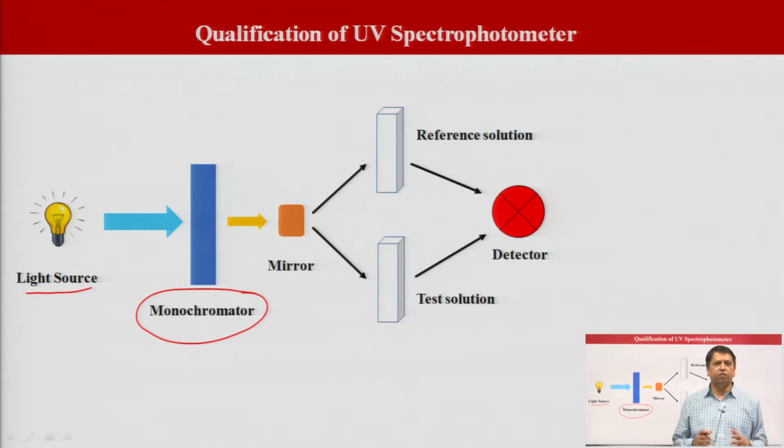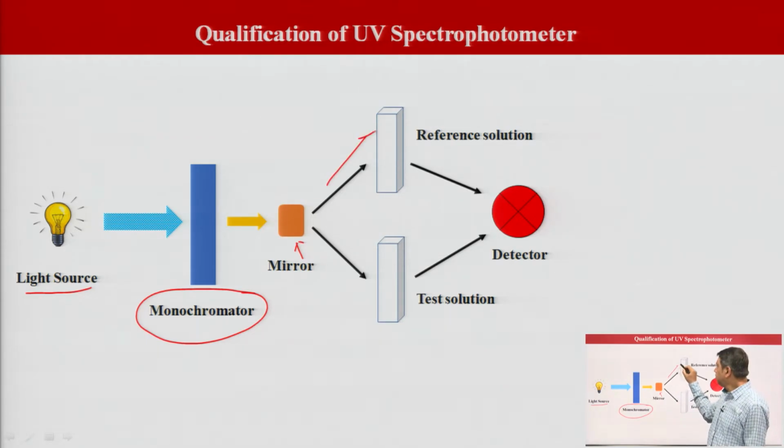A monochromator is a device inside the UV spectrophotometer which allows only a specific wavelength to pass through. Because the light source emits light of different wavelengths, the monochromator allows the specific wavelength to pass through, and it strikes a mirror, where it splits into two portions.